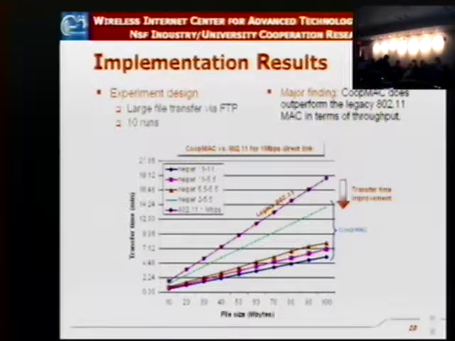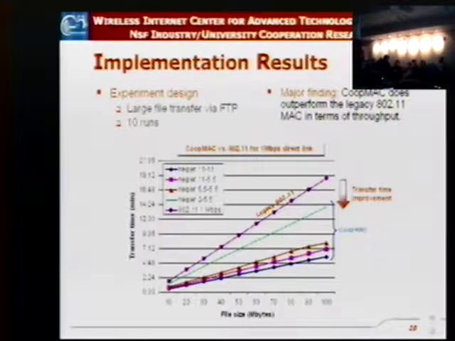We transferred some big files from the transmitter to the receiver using different helpers, and we measured the transfer time. What we see is that CoopMAC does really better than 802.11.